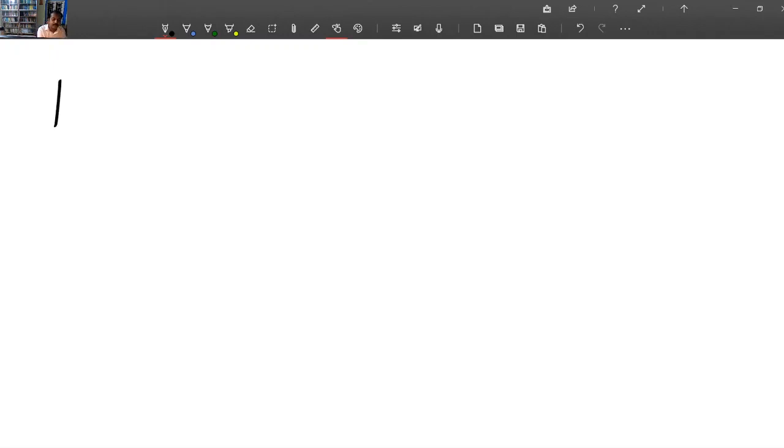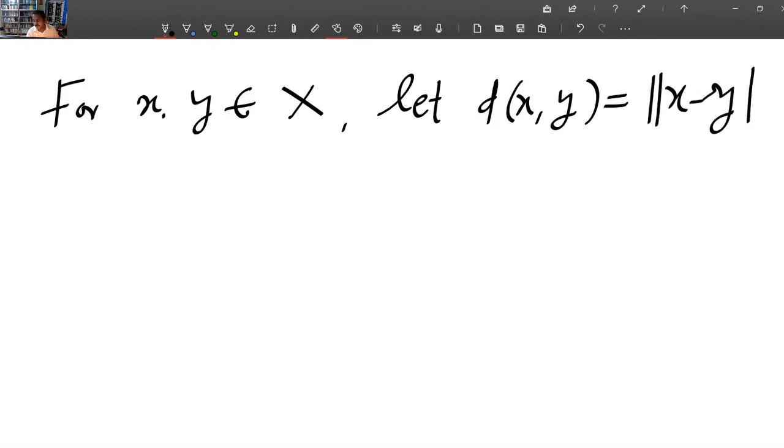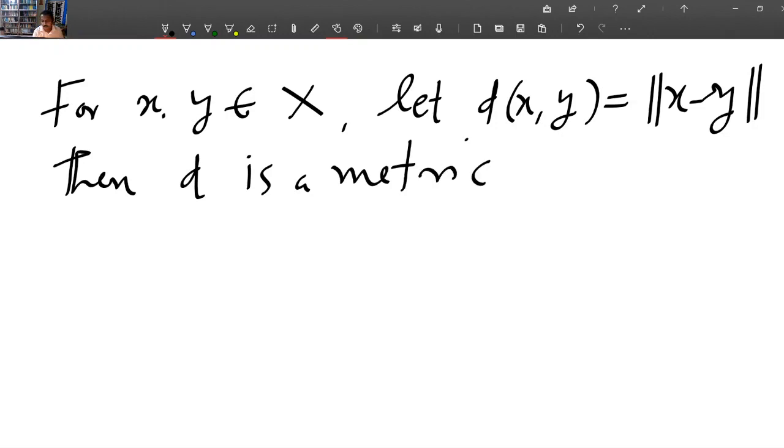For x, y in X, let d of x, y be norm of x minus y. Then d is a metric on X. You can verify that.